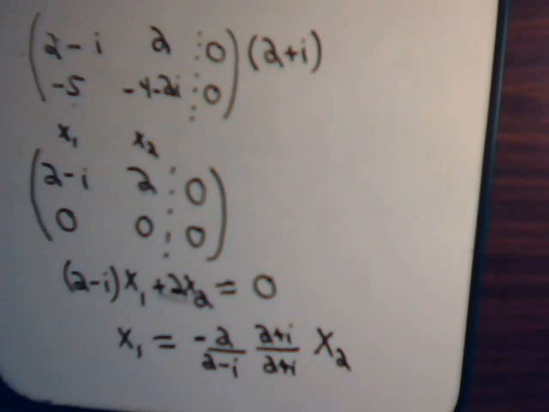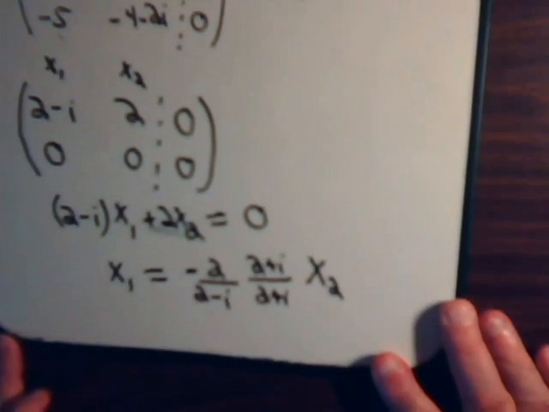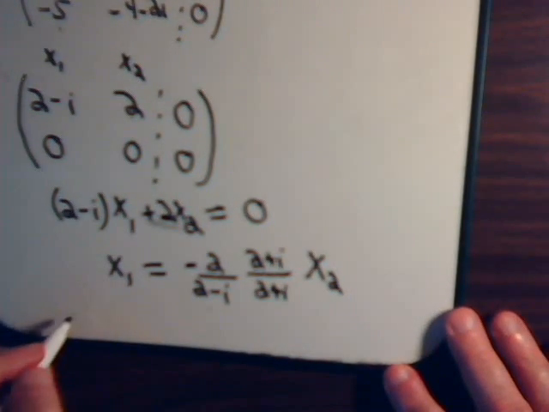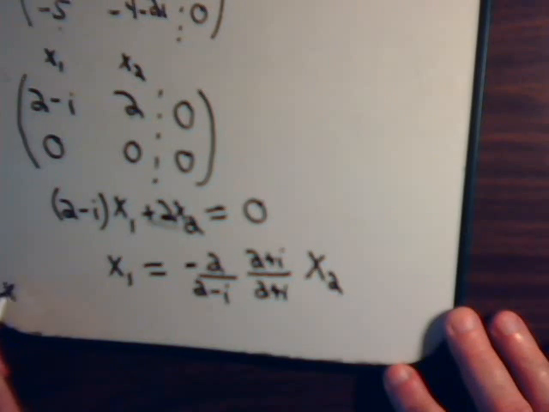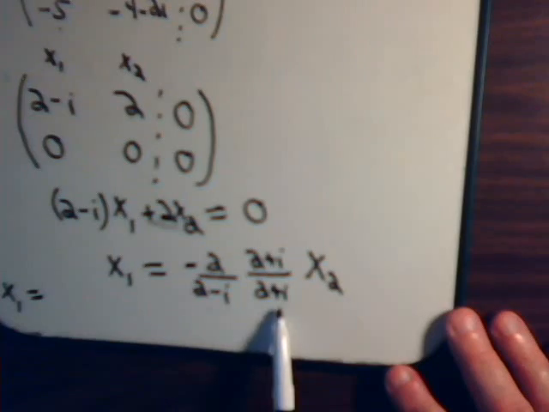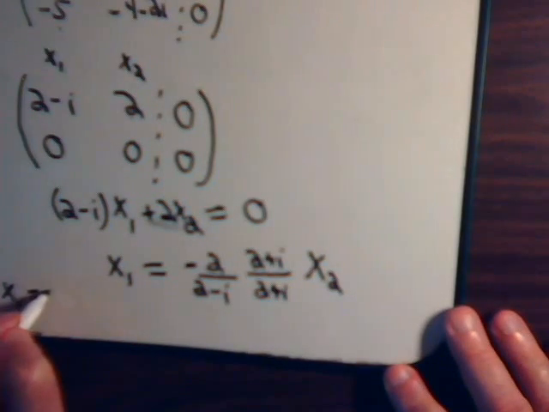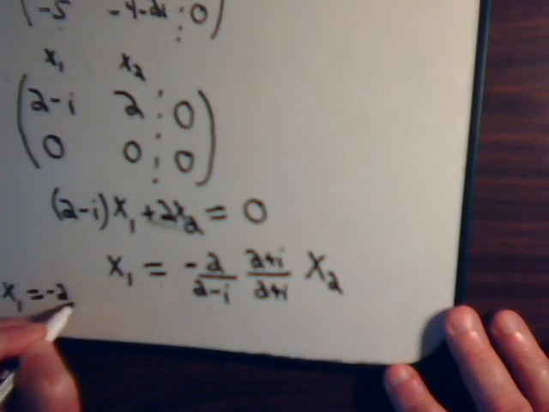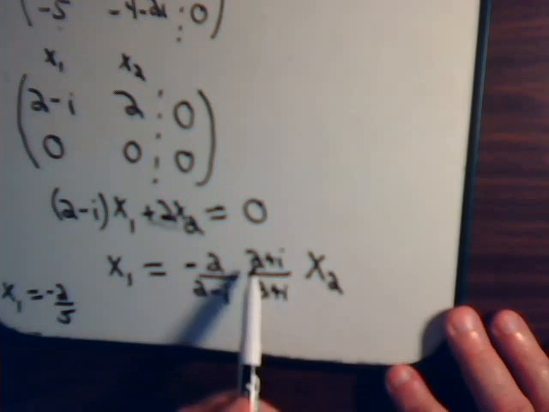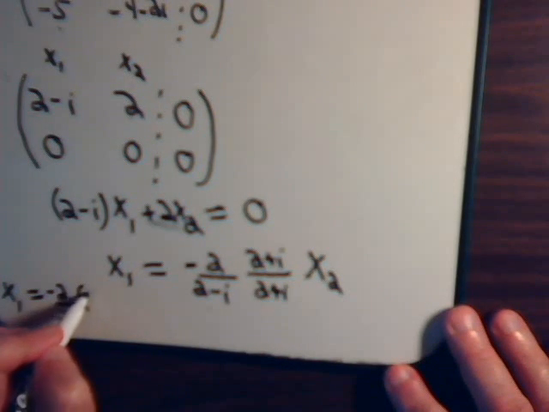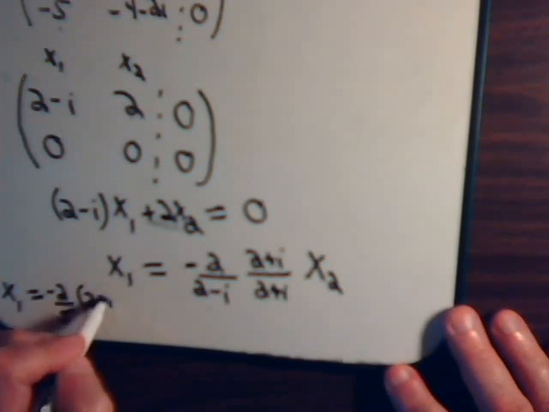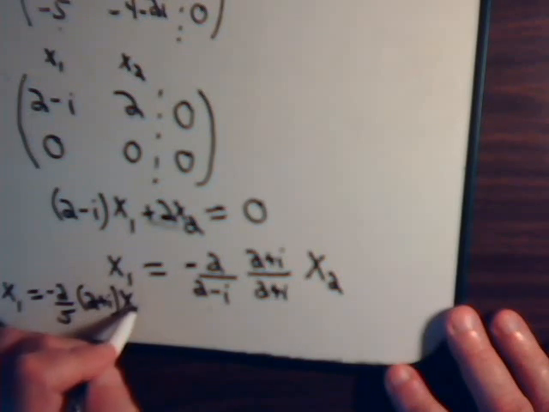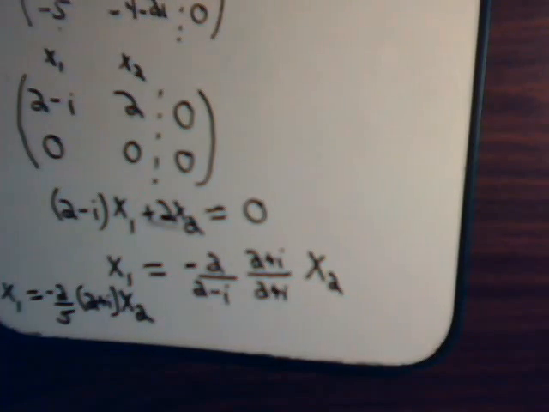So we do that. Remember, this comes out being equal to 5, that denominator there. So what we have is x1 equals minus 2 divided by 5, minus 2/5 times 2 plus i times x2.